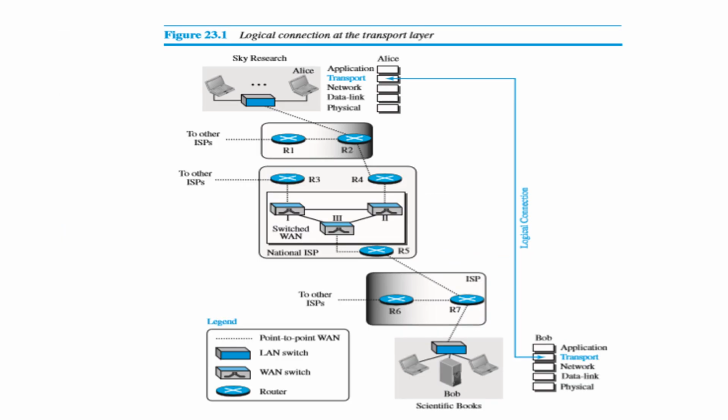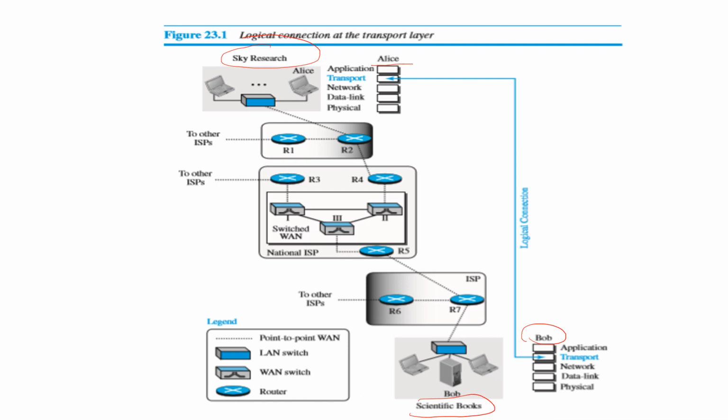Consider this example, where the figure shows the logical connection between the source and the destination at the transport layer. Let us consider that the source host is Alice, in the Sky Research Laboratory, a company, and she creates a logical connection with Bob, the destination, who is a host in the Scientific Books company.